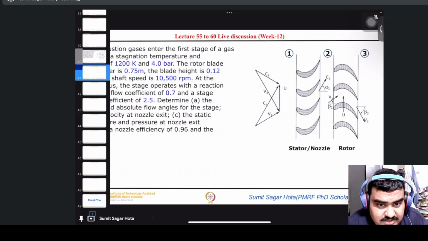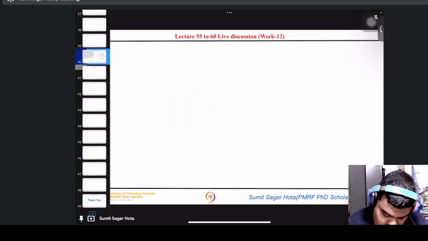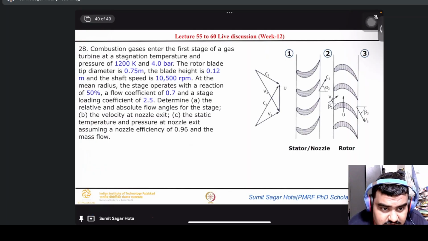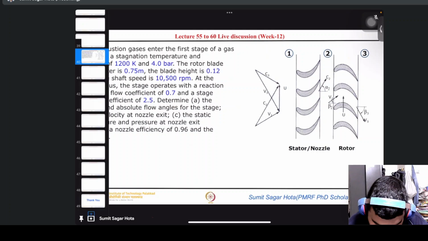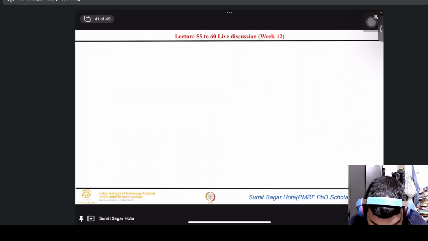So first we need to find out the relative and absolute flow angles for the stage.